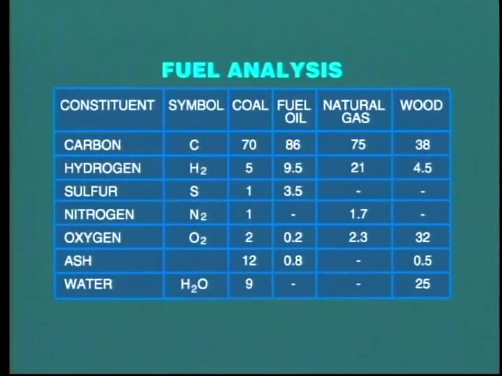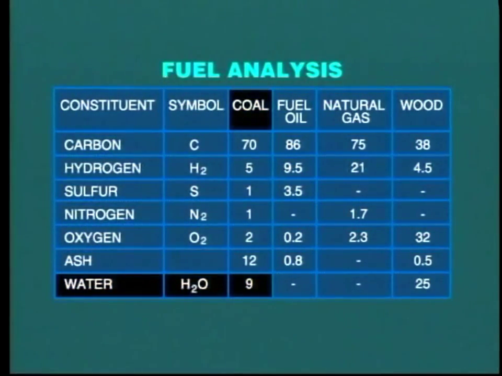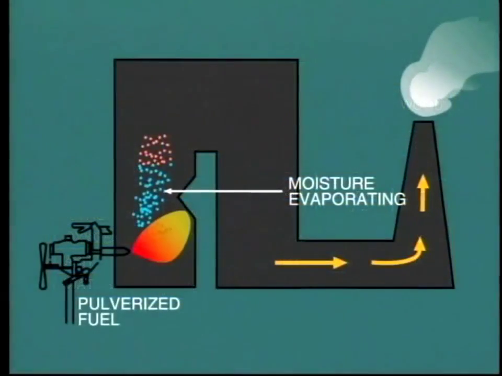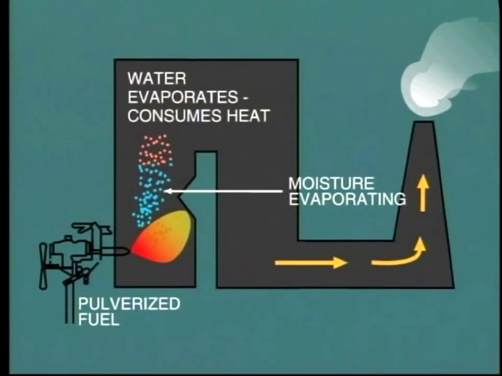We also noticed in the fuel analysis that coal often contains a considerable quantity of moisture. If this is fed into the furnace along with the fuel and air, it will create two problems. The moisture will absorb heat as it evaporates into vapor, so increasing heat loss and reducing the heat available for work.